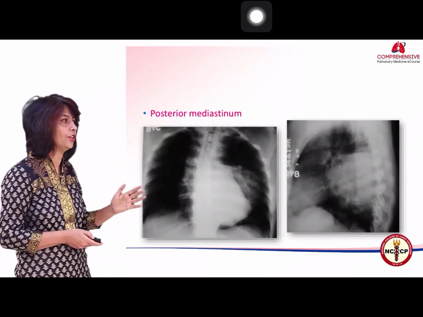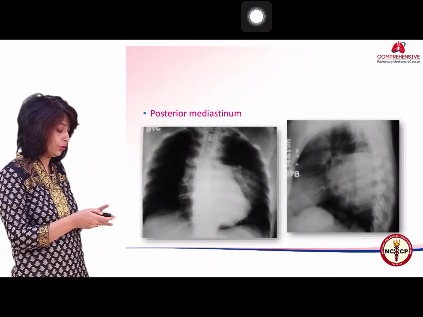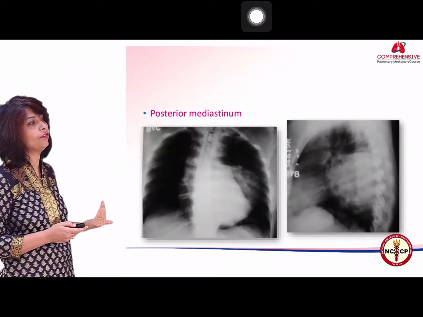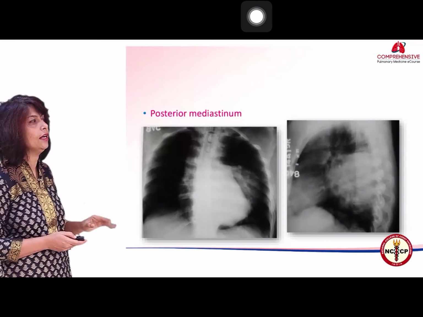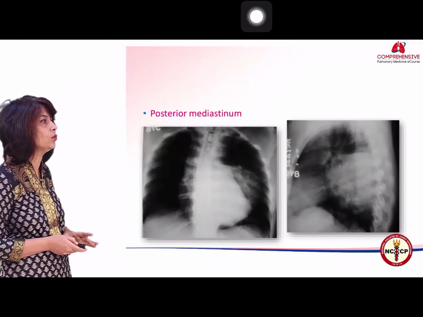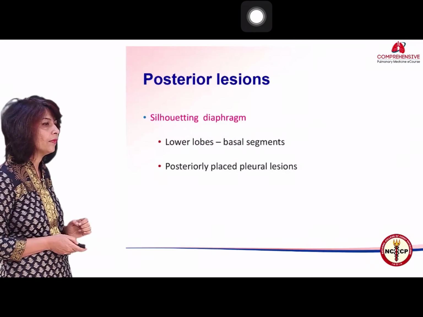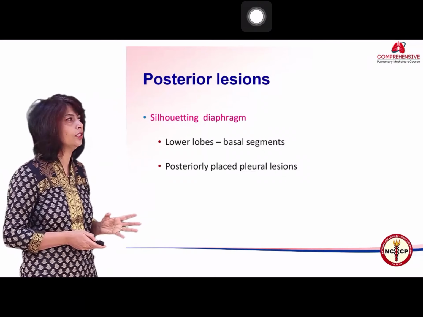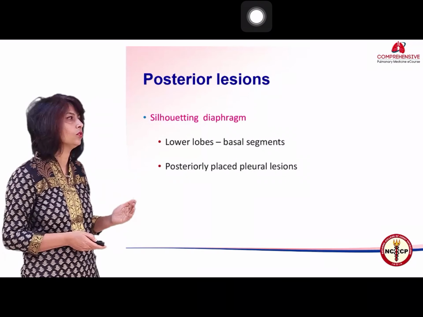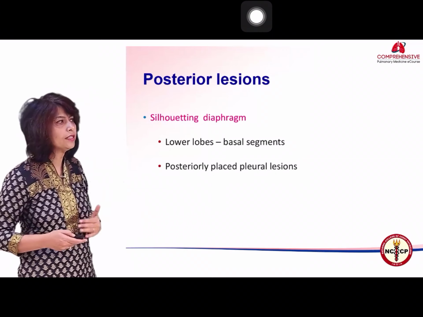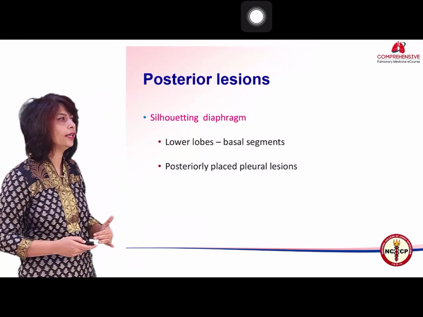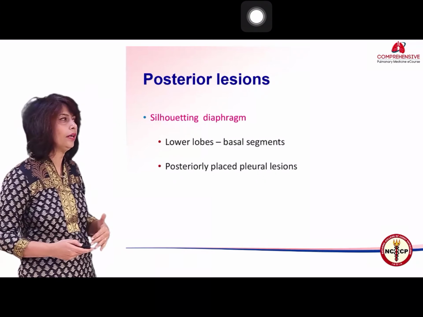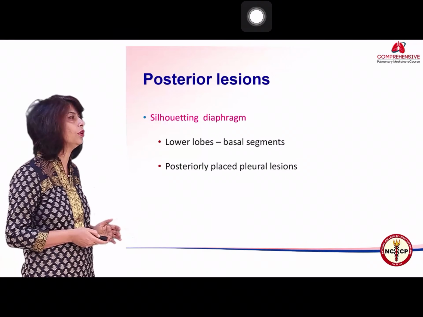That's the other caveat to remember, that the penetration of the radiograph should be just correct, otherwise the silhouette sign loses its significance. Now the heart border is not the only structure which can get silhouetted, the diaphragm can also get silhouetted. Whatever silhouettes the diaphragm is located in the lower lobes or in the posterior part of the pleura.